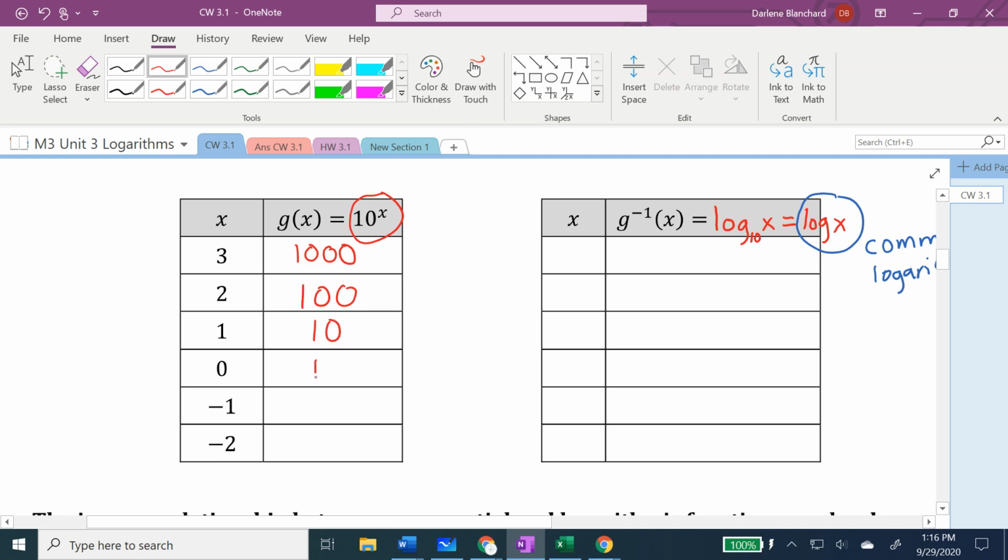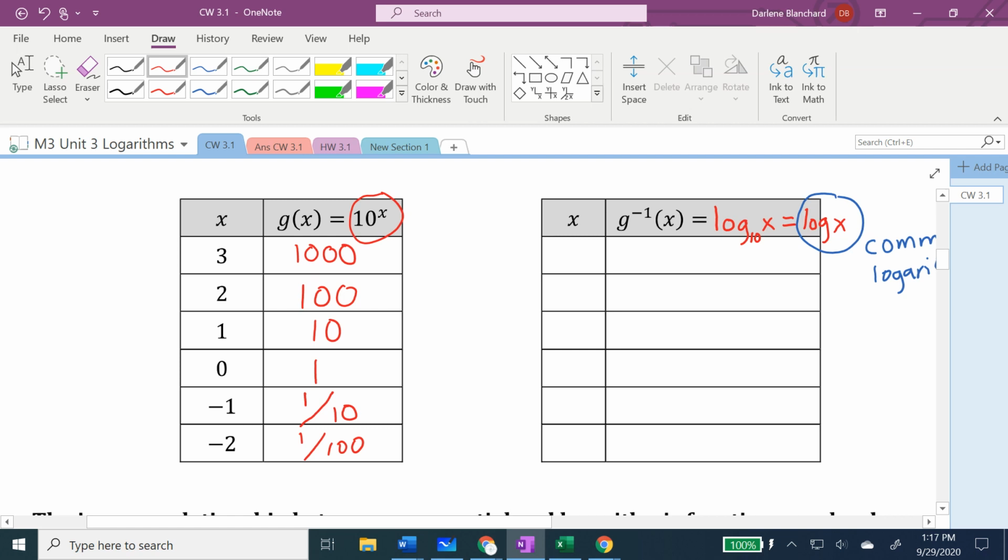Yep. 10 to the negative 1? Positive 1/10. 10 to the negative 2, positive 1 over 100.